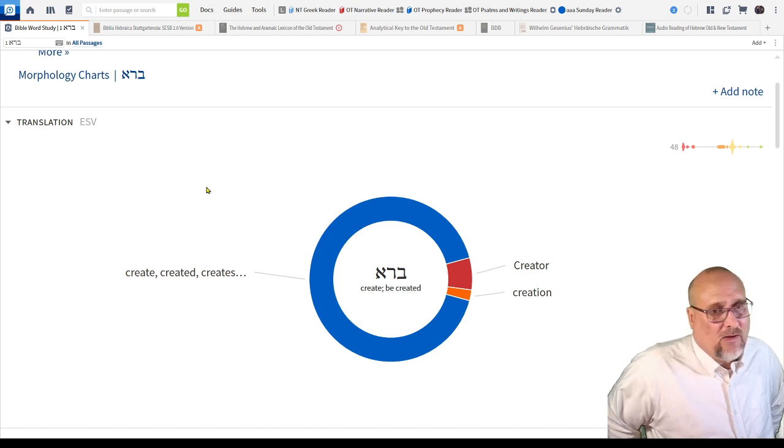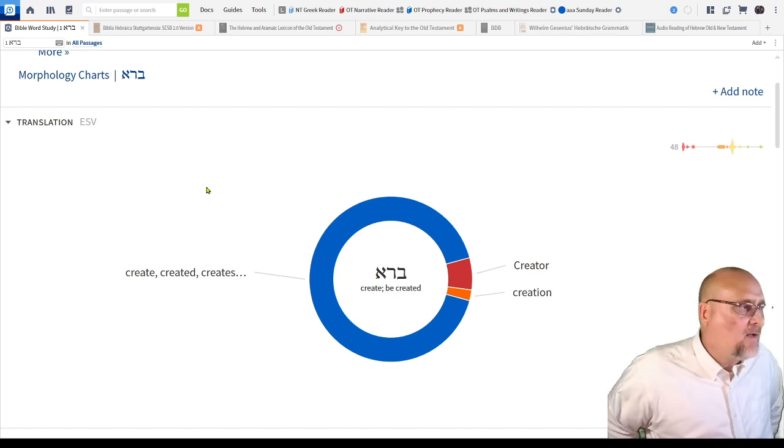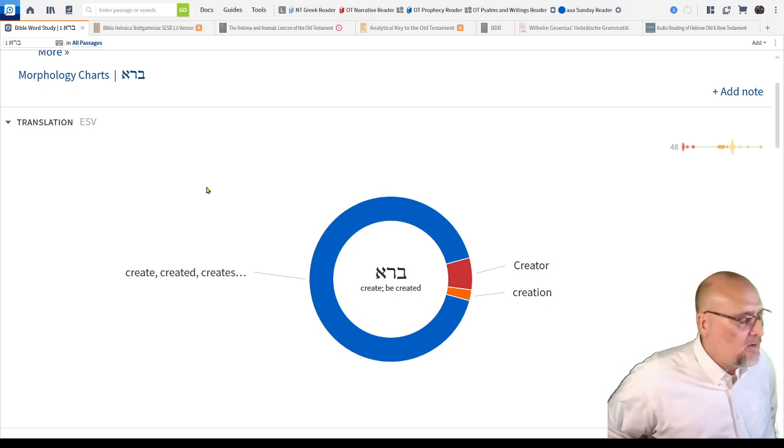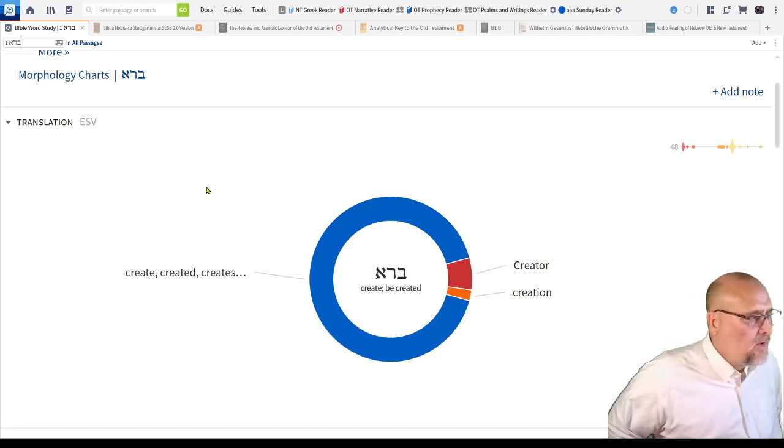But if you do it 30 minutes a day, you'll get to the place where you can read anything in prose in Hebrew without a dictionary. I remember one week I was reading a paper at SBL or at ETS, and I read through the Pentateuch in Hebrew in a week.